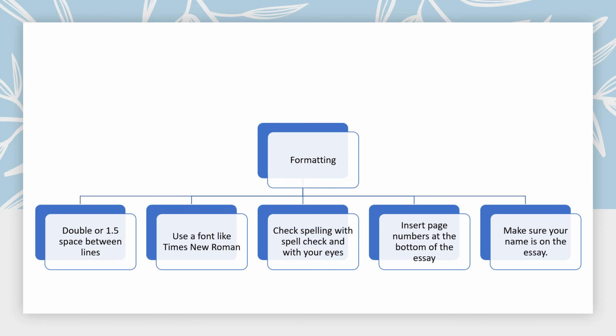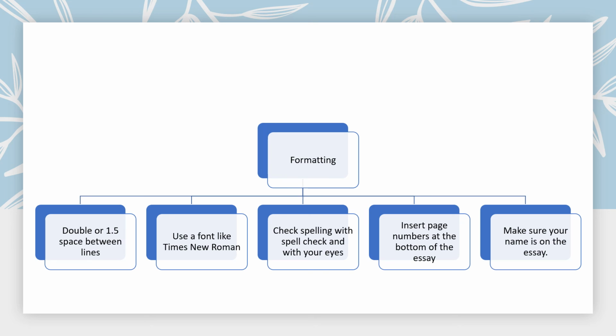Okay, formatting is very important, and one of the marking criteria looks specifically at formatting of your essay, and it's worth about 5 marks. So in general, we do a double or 1.5 space between lines. Use a font like Times New Roman. Check spelling with spell check and with your eyes, because spell check is sometimes nasty.